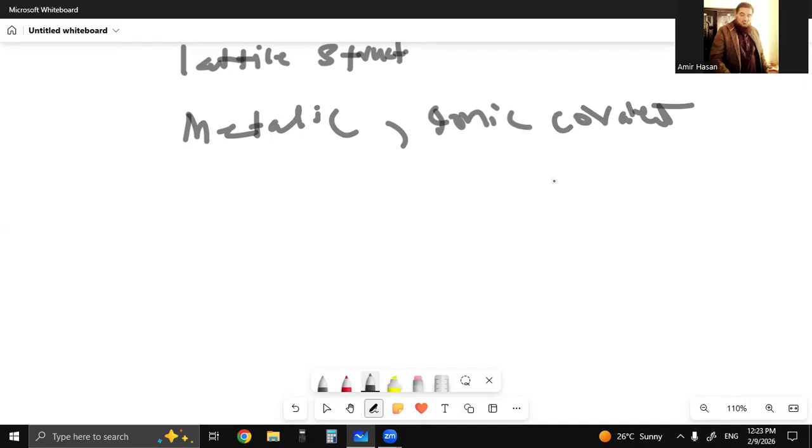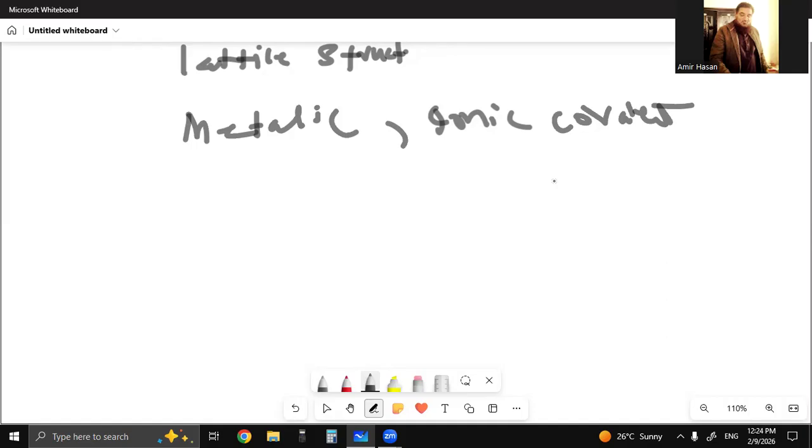Now, what is a giant ionic lattice? An ionic compound has electrostatic force between the positively and negatively charged ions present in the compound. These forces make a fixed arrangement of the particles. This fixed arrangement of particles forms a crystal lattice in the ionic compound, and this is the ionic lattice.